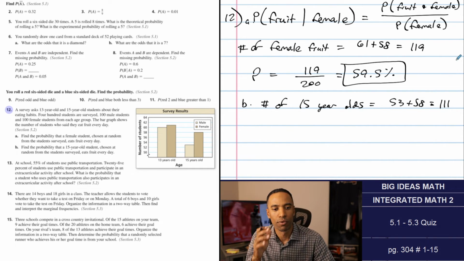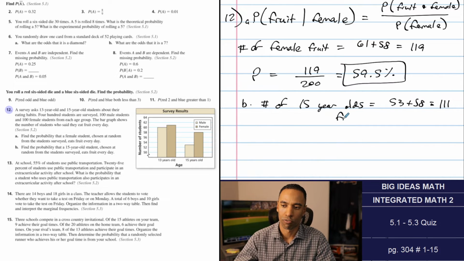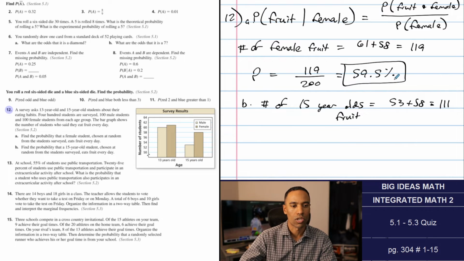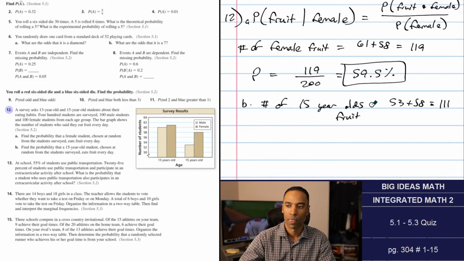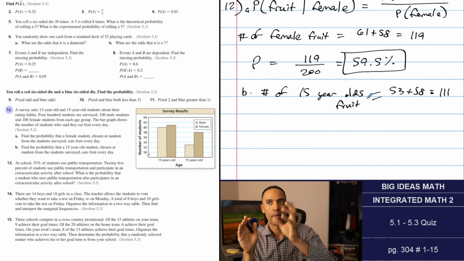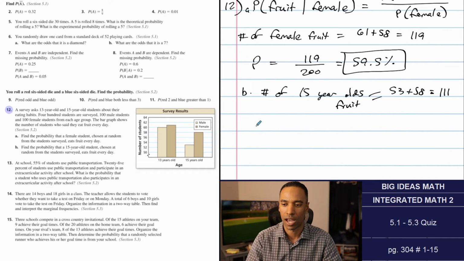Now we want to find the fruit eaters among the 15-year-olds. Oh, shoot, hold on a second. Those are 15-year-olds who eat fruit, that's 111. We have to find out how many 15-year-olds there are. There are 100 from each group, so there are 200 total. So that's divided by 200 because there are 100 from each group: 100 male 13-year-olds, 100 female 13-year-olds, 100 male 15-year-olds, and 100 female 15-year-olds.